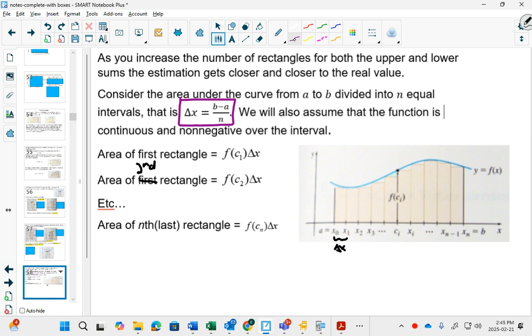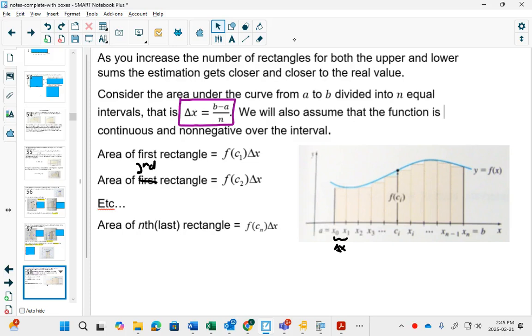Sometimes they have left side sums, sometimes right side sums, sometimes upper sums, sometimes lower sums. So whichever side you choose, and in this one it says c1, so it chooses x1, choosing the right-hand side, times that, that'll be the area of that first rectangle. The second rectangle will choose x2 and multiply it by the width, and so on.